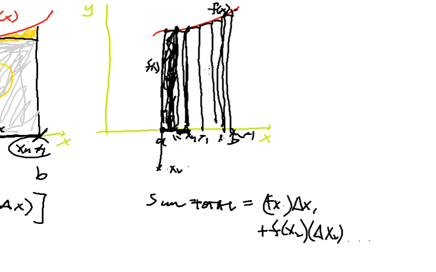All you need to remember is that we can approximate this area by assuming each element has height equal to f of x times width equal to delta x, and then we take the summation from i to n, where n is the number of rectangular strips.